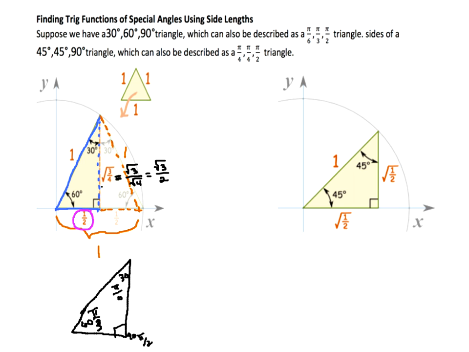Okay, so if I pull that triangle out, I have 1/2. This is the ratio that my sides always fall into: 1/2, square root of 3/2, and 1. Now, these are multipliers for those sides.